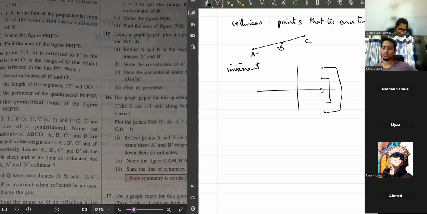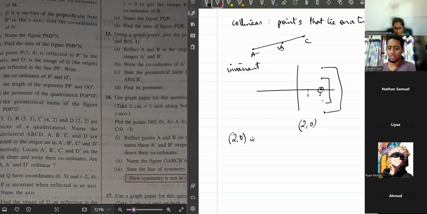value after reflection. Suppose this is 1 and this is 2. What is the coordinate of this point? It's 2, 0: 2 on the x-axis, 0 on the y-axis. So the point 2, 0 is invariant on reflection on the x-axis.